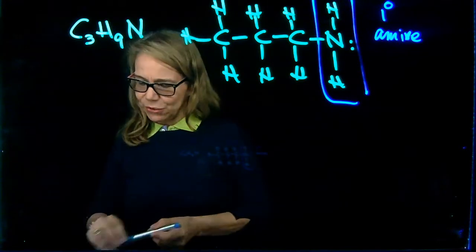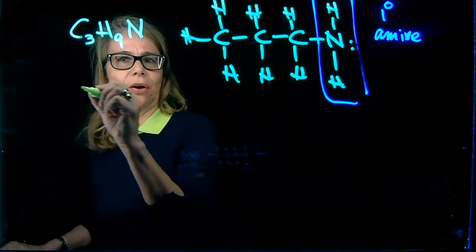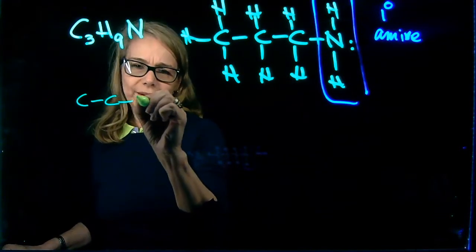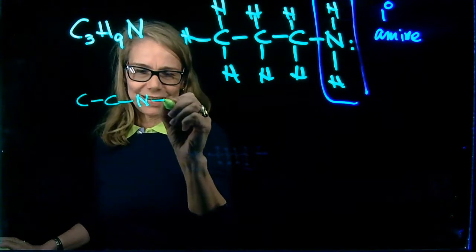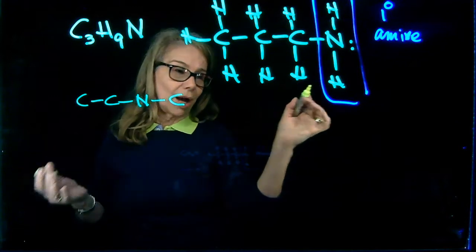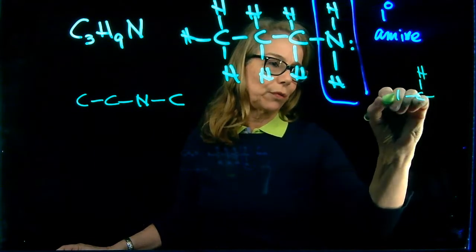And now let's do another combination with the same formula. So now we said we had 3 carbons, 1, 2, and then I'm going to put the nitrogen here and put another carbon here. Remember the common bonding patterns for carbon is having 4 bonds.